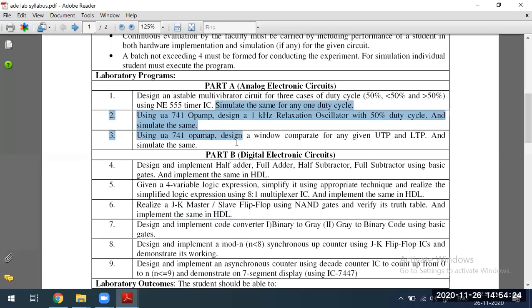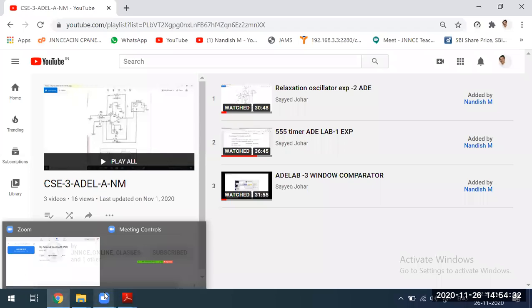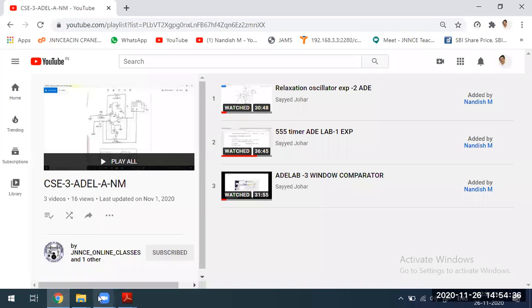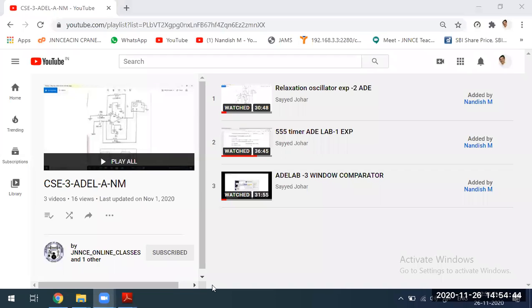This is free software. You can easily do it. And I think everyone has got the software which I have sent on WhatsApp. I think you have installed it. Did anyone face any problem in installation? I think no one has contacted. Can anyone unmute yourself and reply?